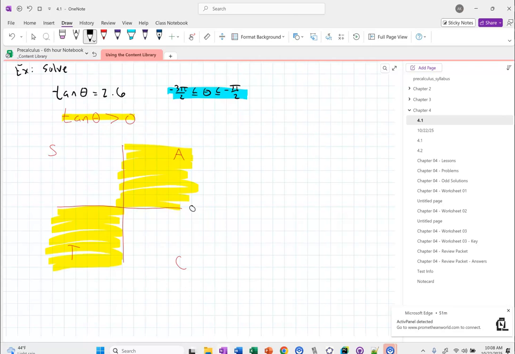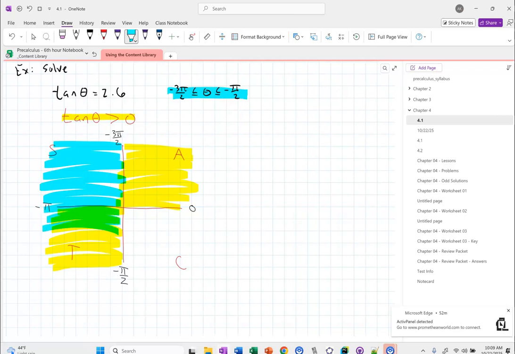Which way do I have to go? Clockwise. So we're at -1/2 pi. That's the start. Then -3 pi over 2. So I would have covered those locations, right? Does everybody feel okay?